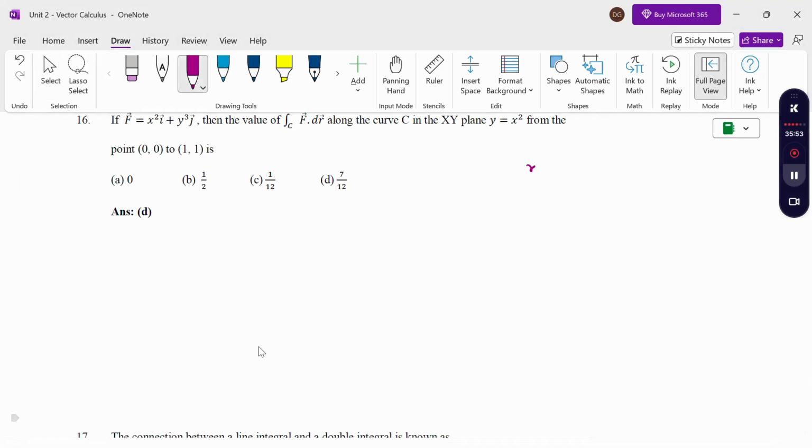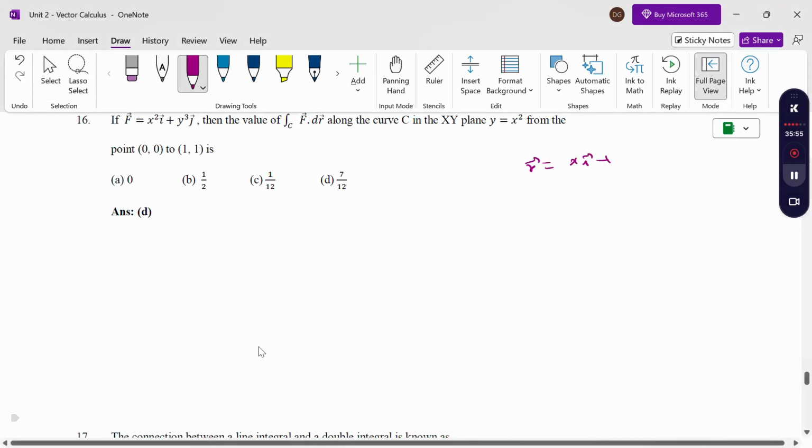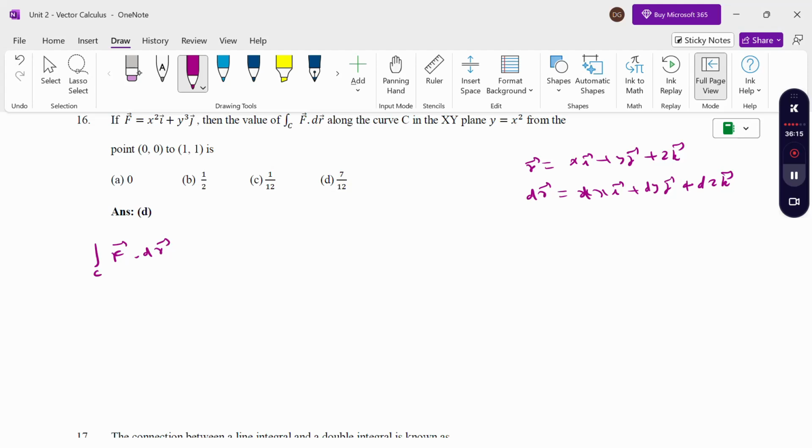Now see, r vector is x i vector, y j vector, z k vector, dr is dx i vector, dy j vector, dz k vector. Therefore here, integral over C of F vector dot dr vector in the xy plane, therefore remove the z part.